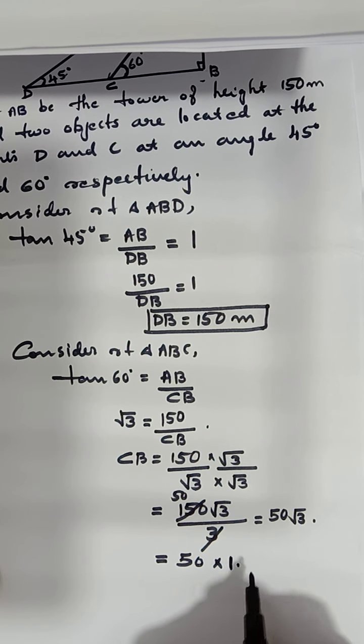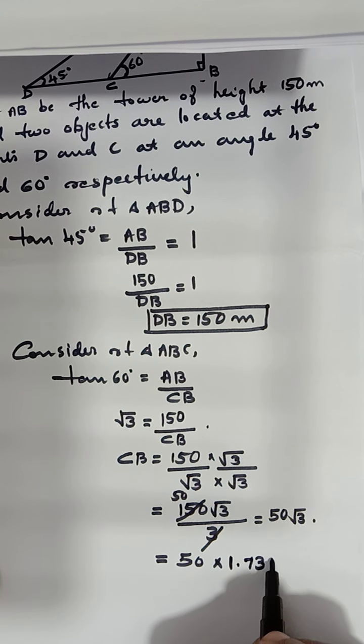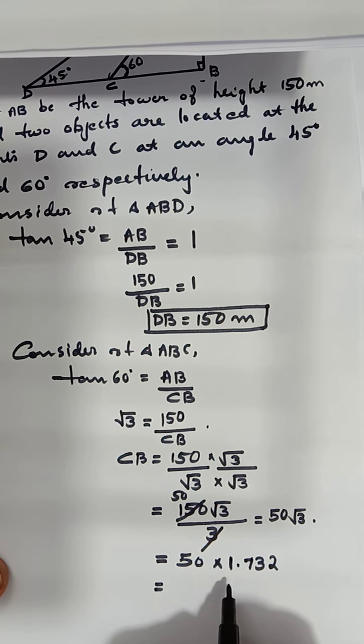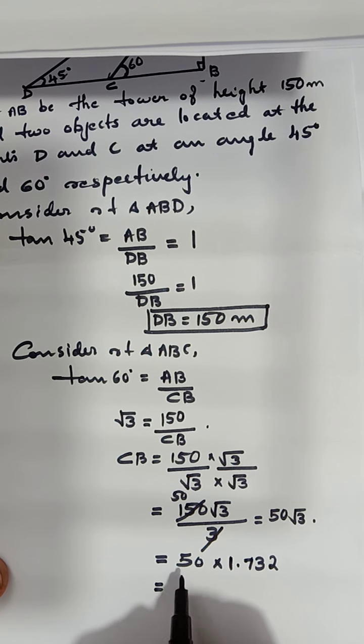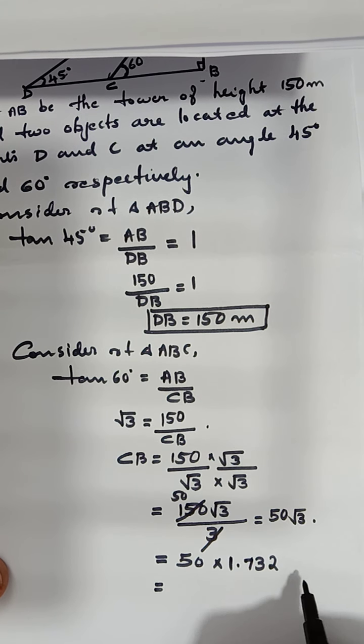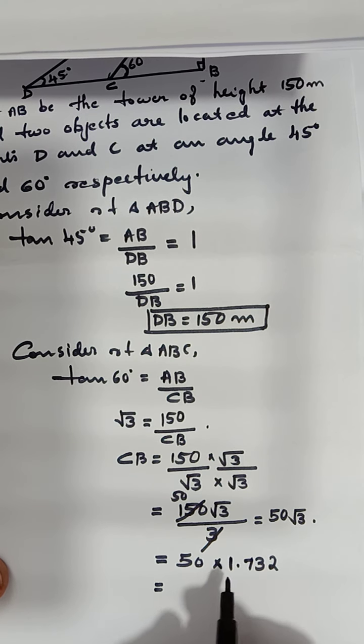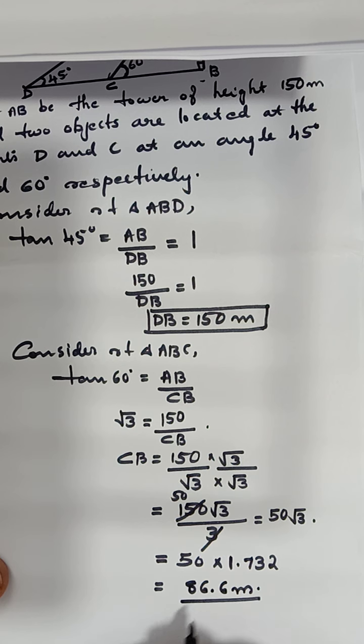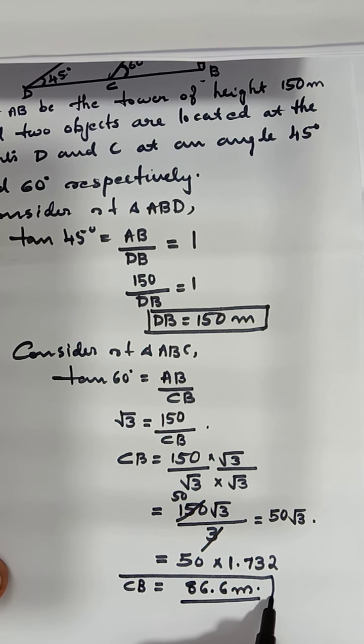So the value of root 3 is 1.732. So 50 into 1.732, or just multiply 1.732 with 5, then give 0 and then 3 decimals. So you will get the answer as 86.6 meters. That is our CB value. So two values we got now.